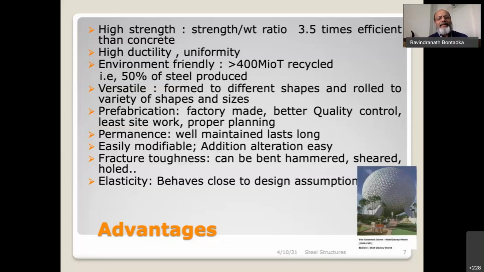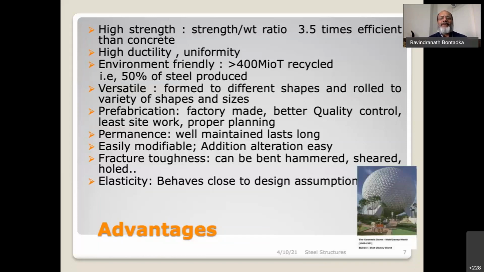A very versatile material, formed to different shapes and rolled to a variety of shapes and sizes. So as a designer or as a user, we get a variety of sections and choices to do our work. And then prefabrication, that's one of the best things. We can prefabricate it at some other place offsite and then bring it to the site and then construct.